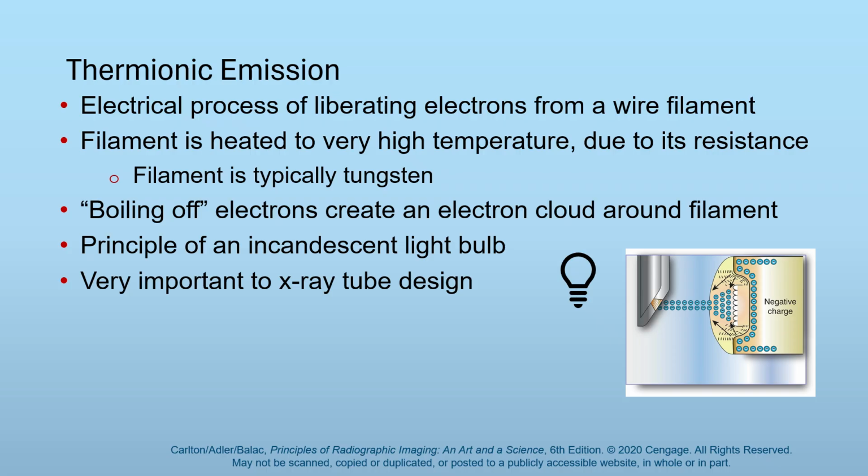The filament is heated to a high temperature, and thermionic means pertaining to ions by heat. If you heat up a wire, you'll get it to glow. The glowing is a characteristic cascade because you're exciting electrons in the material of the wire, and then those electrons are relaxing back down and giving off heat and light when they do that.